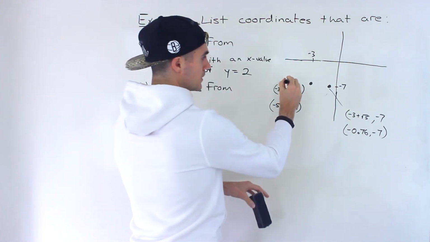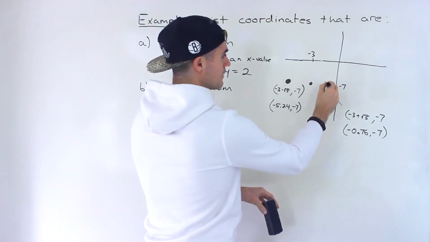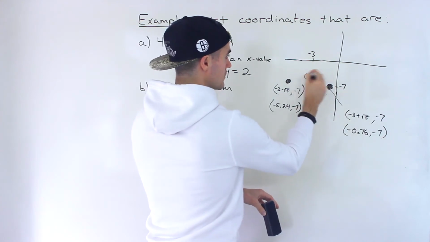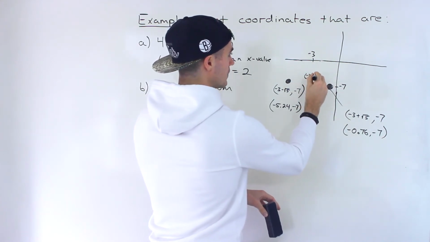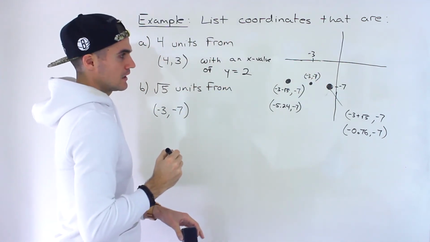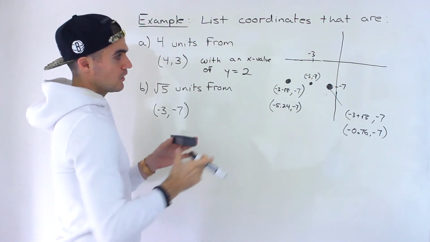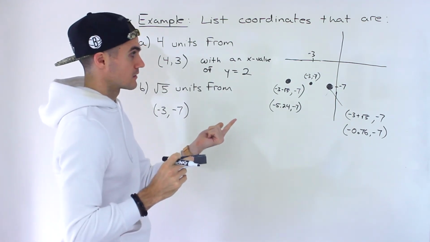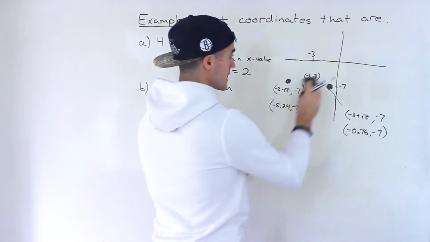So both of these points are √5 units away from this point, -3 and -7. Now, what if we went up or down? Then we would be adjusting the y values, and the x value would stay the same.